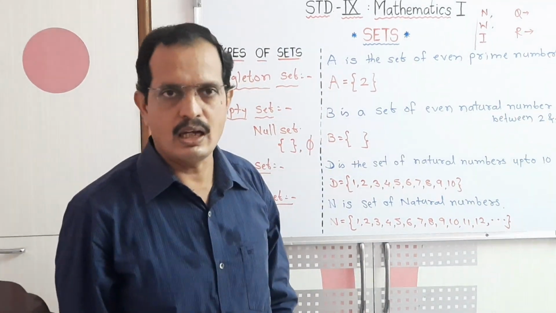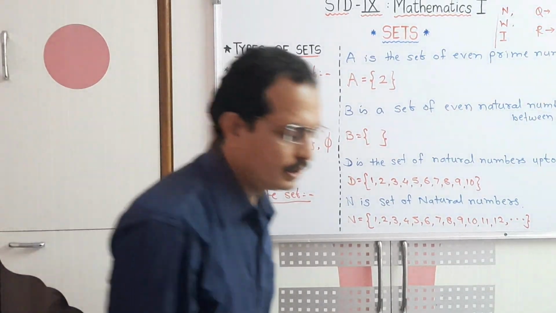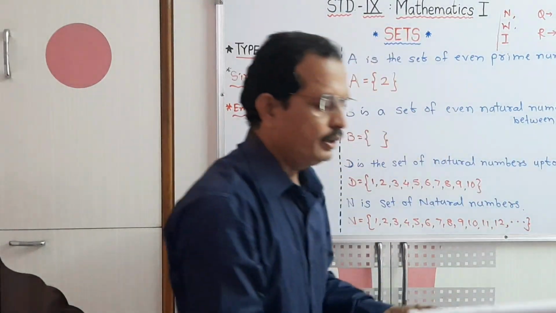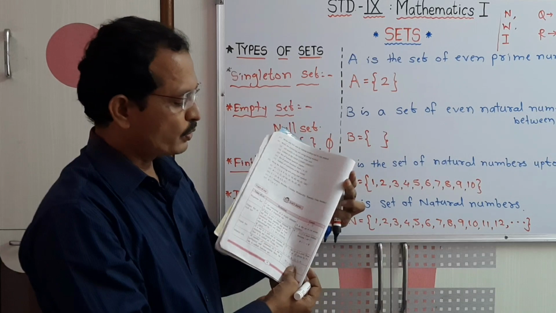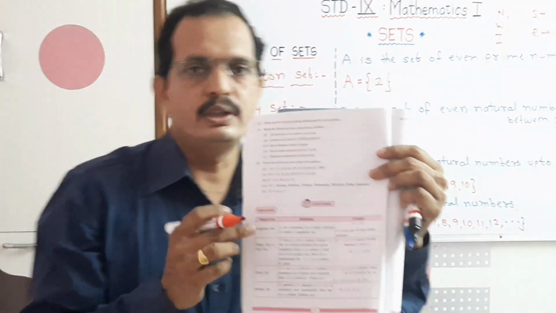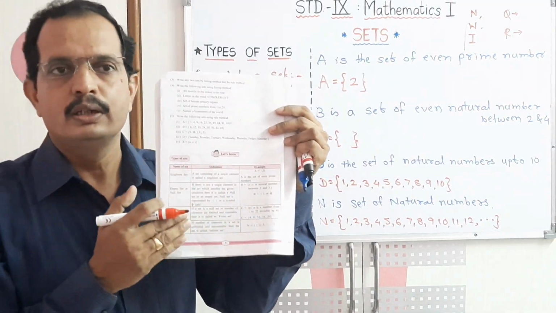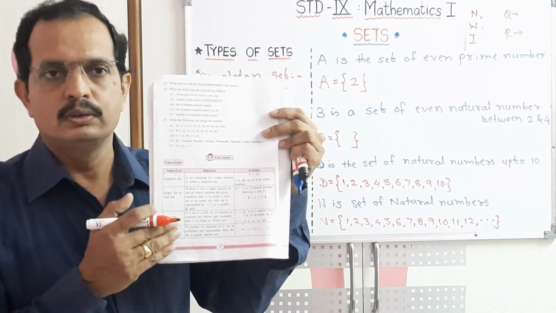Dear students, all these five types of sets are infinite sets. Dear students, in your book on page number 4, one table is given. Go through this table and write it down in your book.